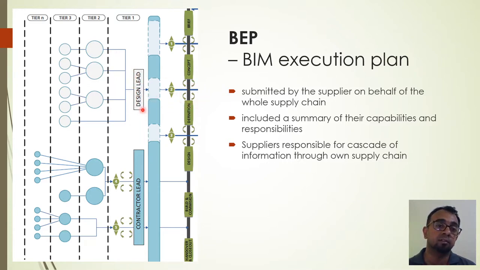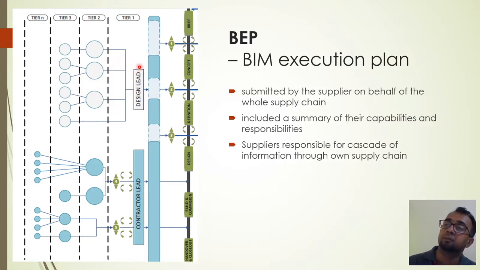Say for example, the design lead is in agreement with the client, and he will be coordinating everything and providing all necessary information to the client, and also leading the information exchange across other parties. Then the design lead will have further parties below his supply chain.